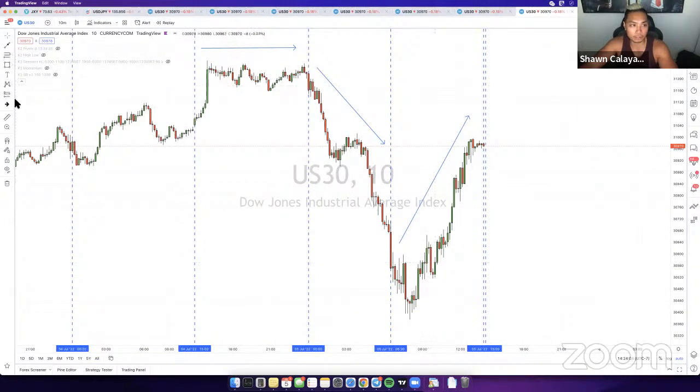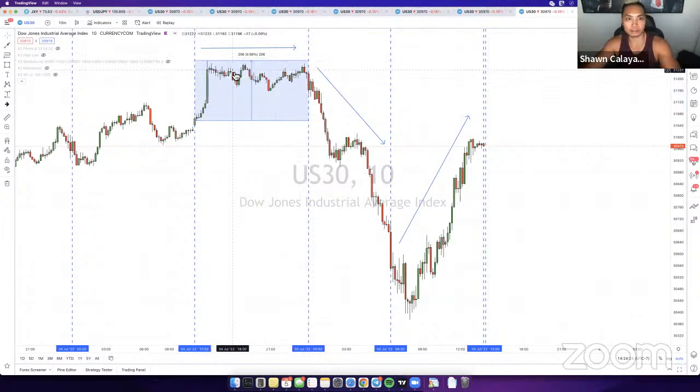If you wanted to count the range, or just identify where price was moving, the price range right here from Asia session is about a 2000 pip range, which is kind of decent.